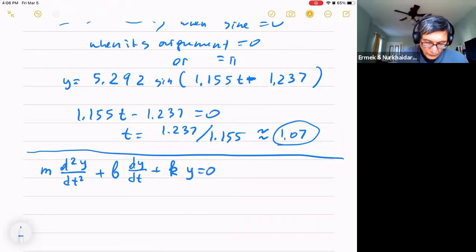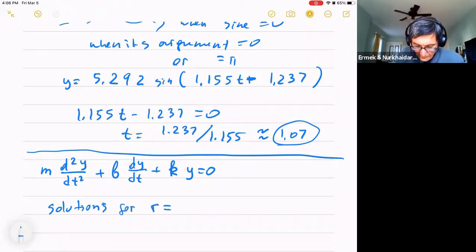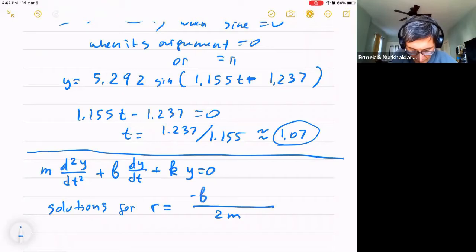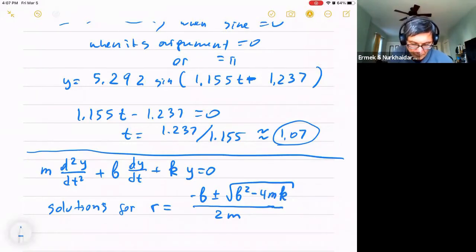So if we solve it, then solutions for r are going to be negative b plus or minus the square root of b squared minus 4mk, over 2m on the bottom. Okay, right?